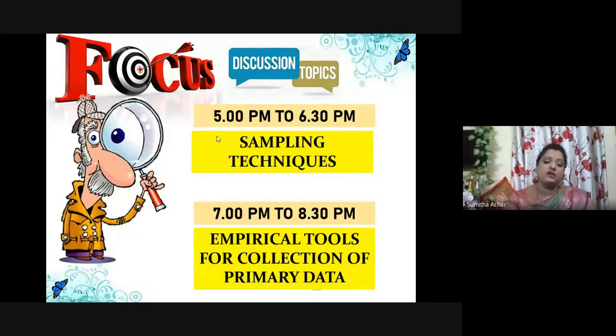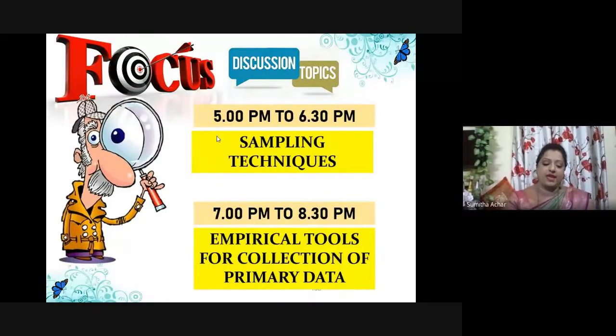Once we understood the sampling technique, we understood the methods involved in sampling design, starting with step 1, identifying the target audience, step 2, identifying the sampling frame, step 3, specifying the sampling unit, step 4, identifying the probability method or a non-probability method, and step 5 was determination of sample size. So this was my first part of the discussions.